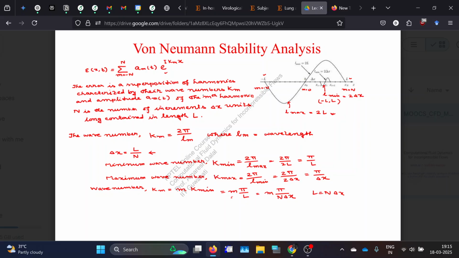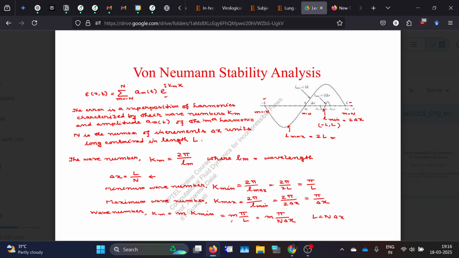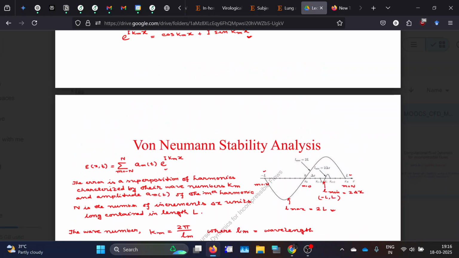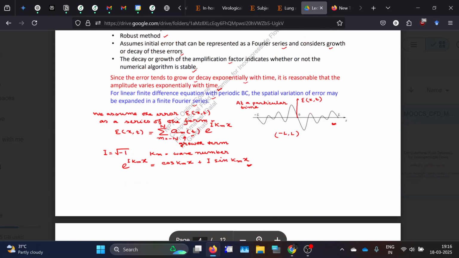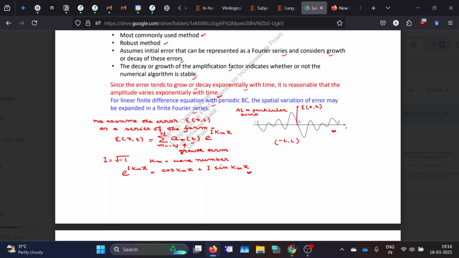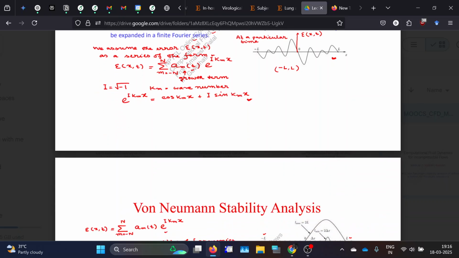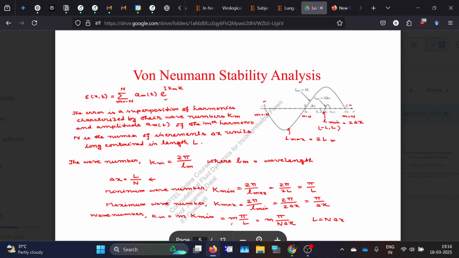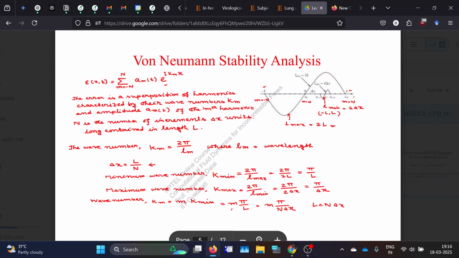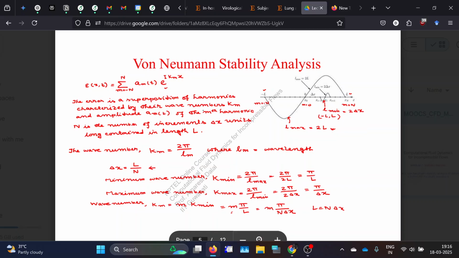Error is a superposition of harmonic errors, whatever number. I'm not sure, I believe it should go from 2 to 2n in this case.